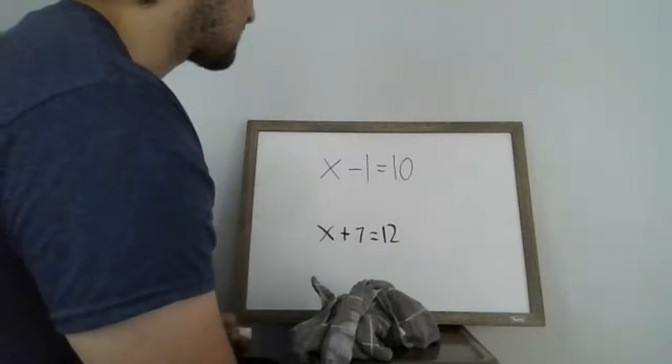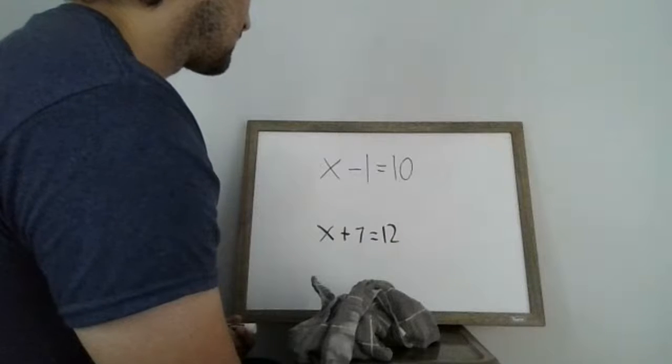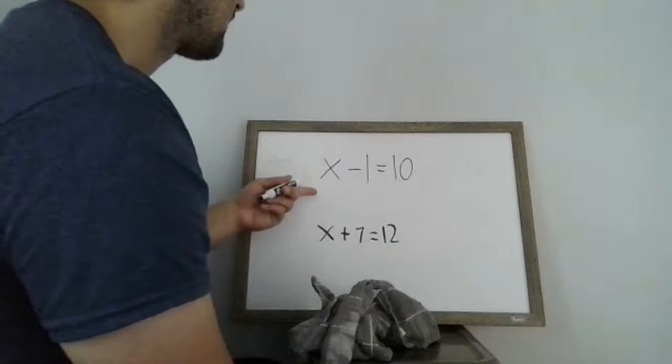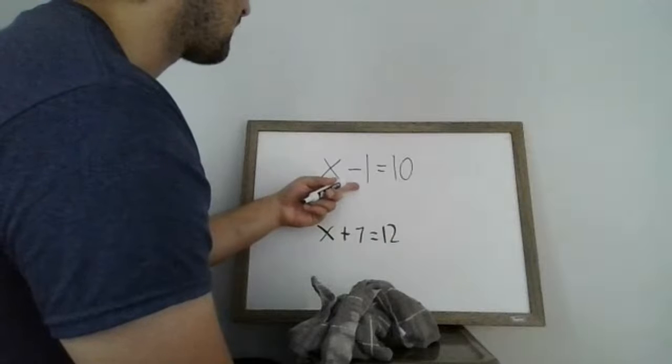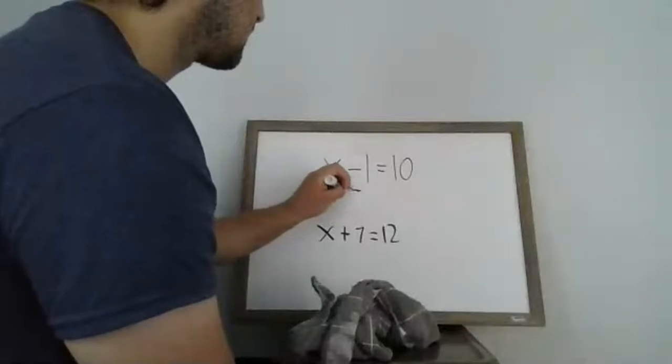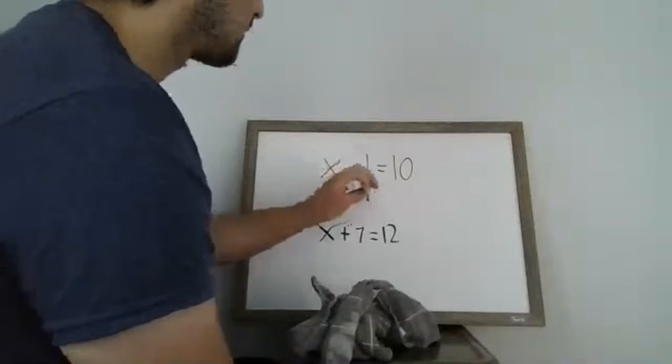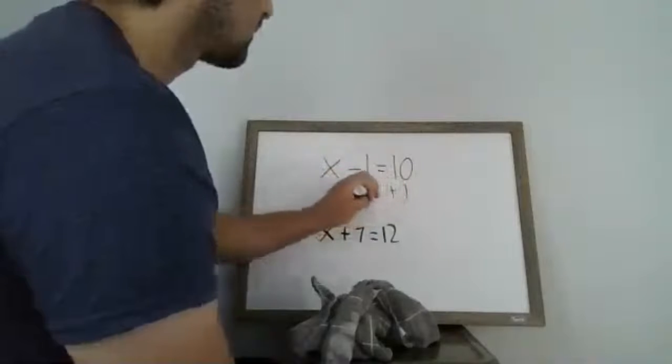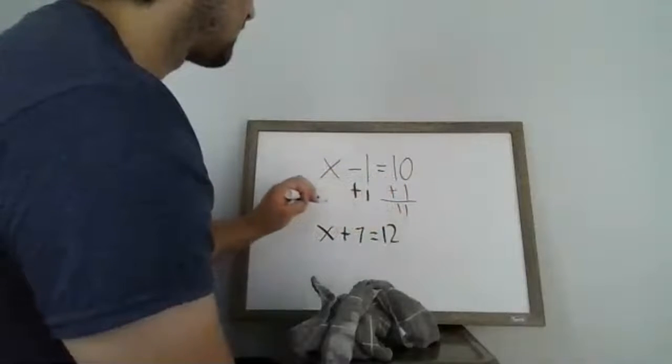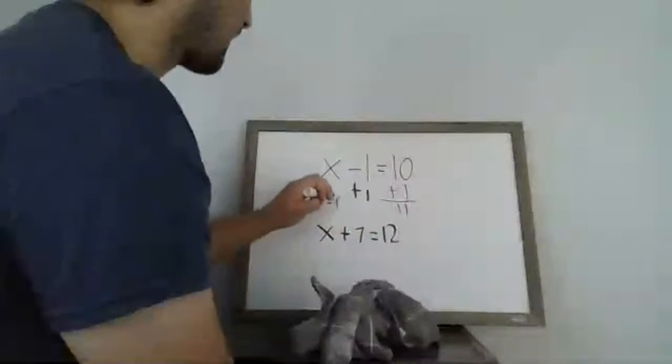So for the first one, x minus 1 equals 10. So we always do the opposite of whatever the operation is. So since the operator is subtract, we're going to add 1. So for the first problem, x equals 11.